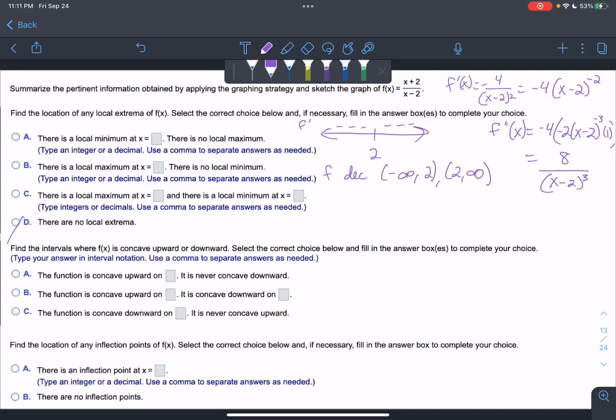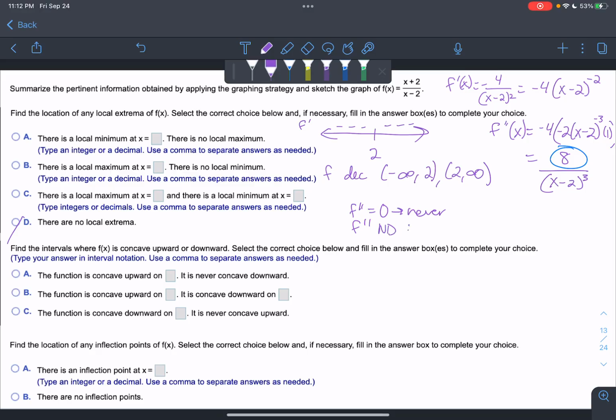And so let's look at partition points, right? So f double prime is equal to 0. So again, this is never, because I have a positive number. I don't have any function of x, so my numerator will never be 0. Let's look at where f double prime is not defined.